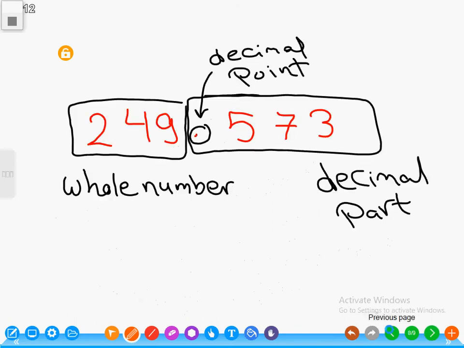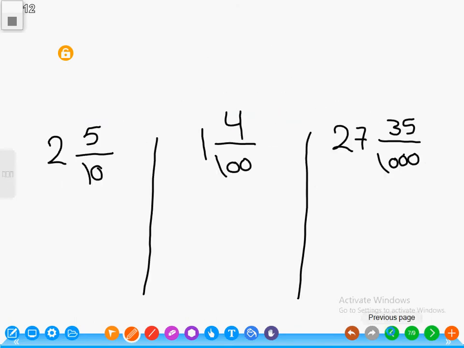Let's take another example. Here, let's write this mixed number as a decimal number. First, how many zeros here? 1, so we will put the decimal point after one digit. We will count the numerator, 1 digit, so we put the decimal point after one digit, 5, decimal point, and 2 in the whole part.